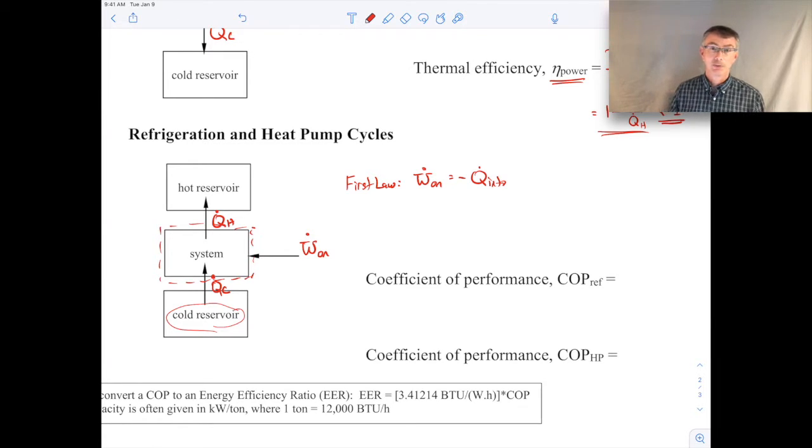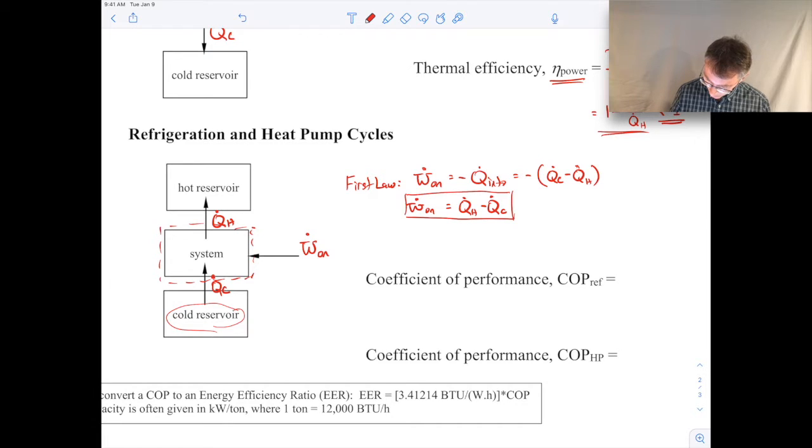Okay, that just comes from our first law analysis, keeping in mind that the change in total energy over the cycle would be 0. The Q dot into, in this case, would be the Q dot C minus Q dot H. So then the work, or the power that we have to put in, would be equal to Q dot H minus Q dot C. So that's what we get from our first law analysis.